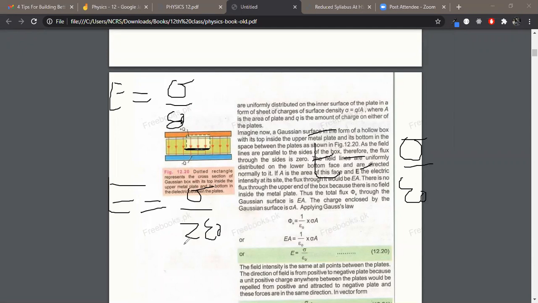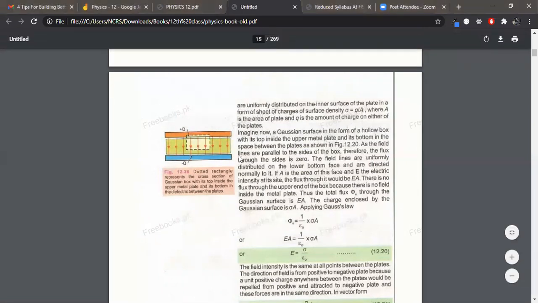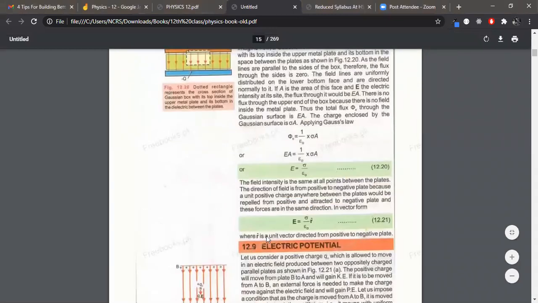The difference between these two equations is just the factor 2 in the denominator. So these were the applications of Gauss's law, and we have derived the equations for electric field by using Gauss's law and the Gaussian surfaces.